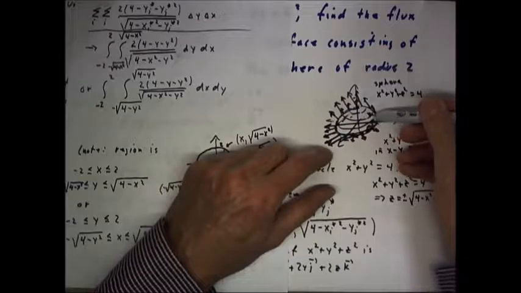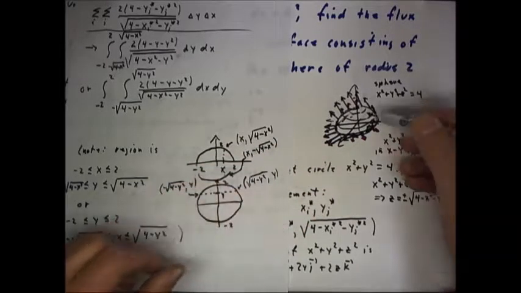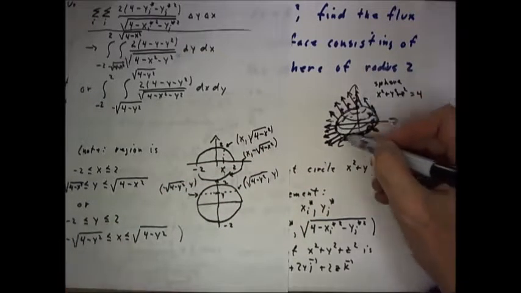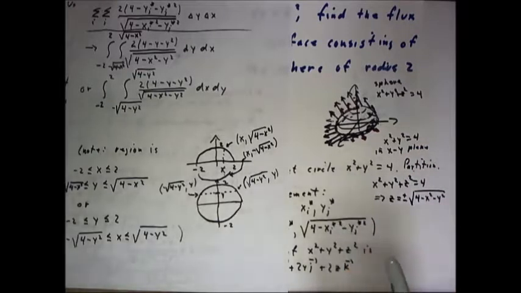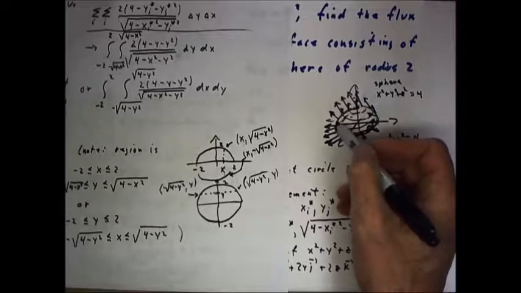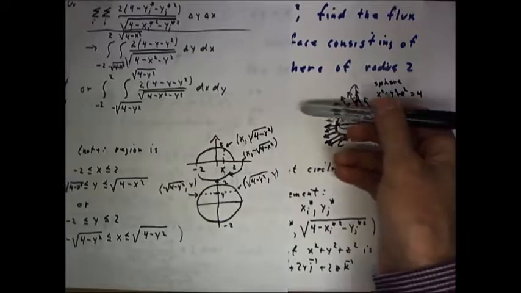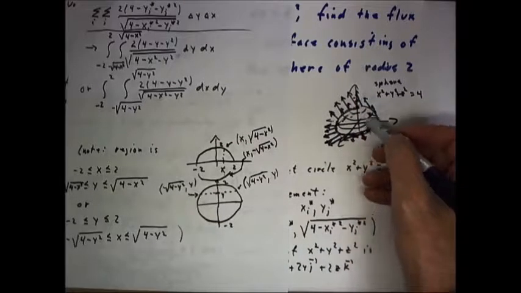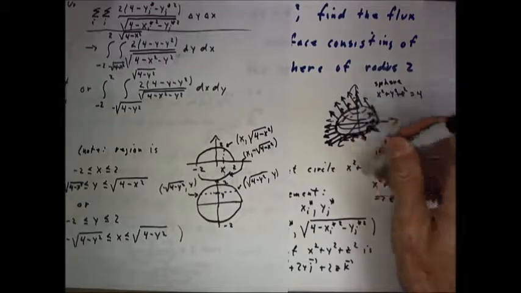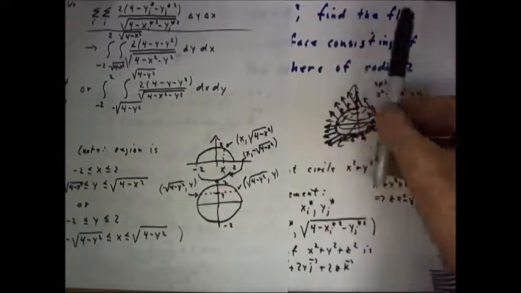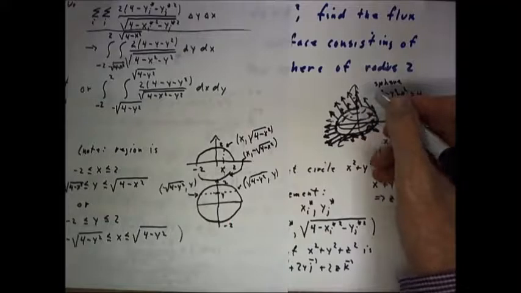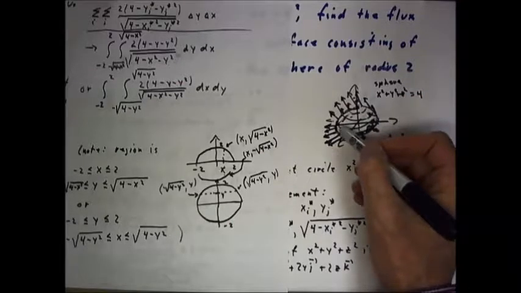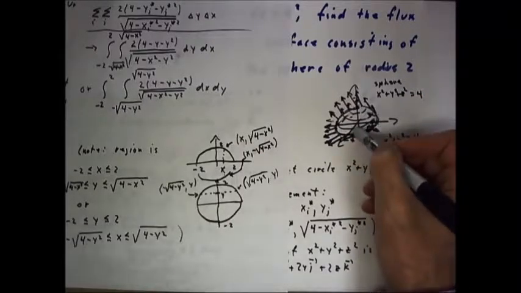Now over here we have flux going into the surface, so the average magnitude of the flux appears to me to be certainly greater than 1. It appears to be going out of the region, and it appears to be probably on the average, because remember that these vectors are not always exactly parallel to the normal vectors, probably not a whole lot greater on the average than 2.